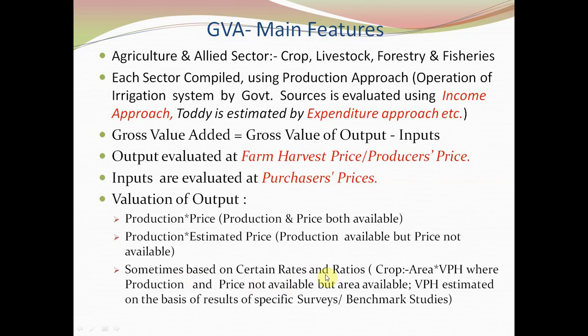Sometimes, based on certain rates and ratios, value of output is also calculated. For crops, here we will take area into value per hectare, where production and prices both are not available but area is available. And value per hectare is estimated on the basis of results of different surveys or benchmark studies.